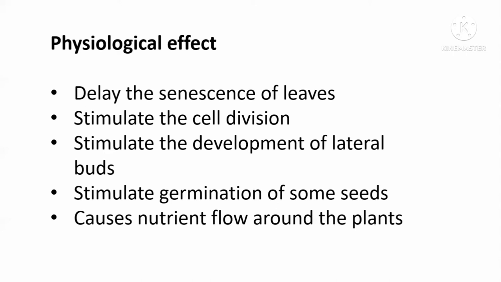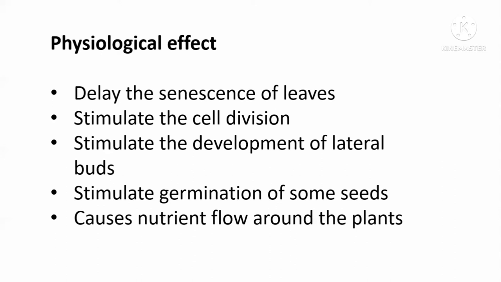That means the senescence process will be delayed. When the leaf is attached to the plant, the senescence process will be delayed, and when we detach the leaf from the tree, the senescence process will happen in a fast manner.